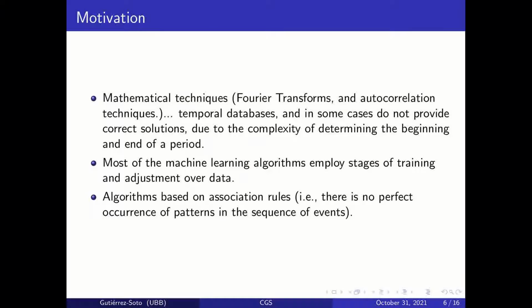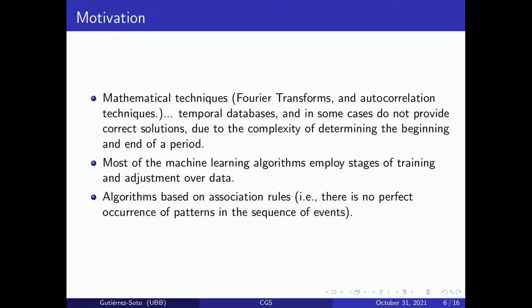what is the beginning and the end of every period. It should be noted that these techniques are applied on temporal databases. On the other hand, most machine learning algorithms use a training and tuning step over the data. So if you want to update your database, you need to train again, which implies extra time.